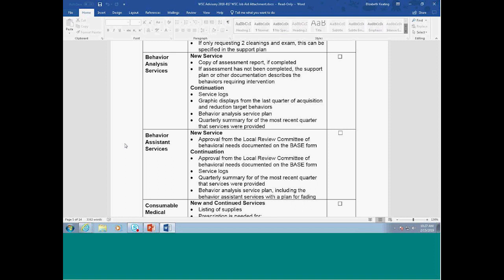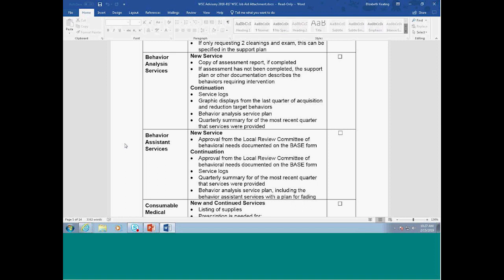So you should be working with your behavior folks in the region to request the BASE and make sure the BASE is available for the SAN review. They're going to need some documentation. I know that all the regions have their processes in place for this to happen. They're going to need the documentation, and then they can go ahead and complete the BASE and just put it directly into the consumer's record on SharePoint or eventually in iConnect.